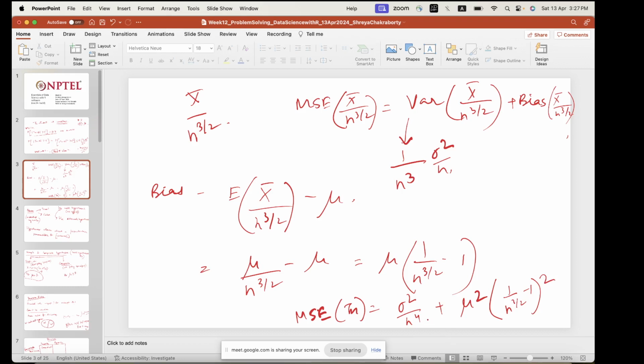As n goes to infinity, the first term goes to 0, and the MSE goes to mu square. So if mu is exactly 0, then it is consistent, but we don't have a clue what mu is. It is going to mu square, and thus it is not consistent. Similarly for the next one.